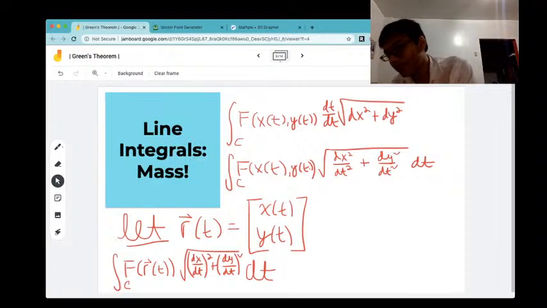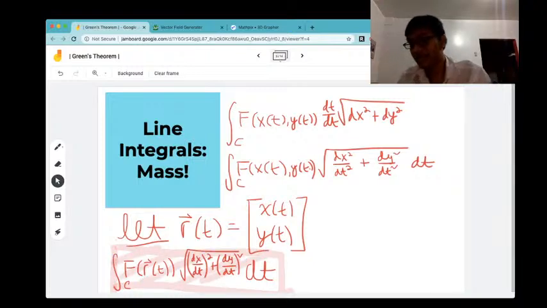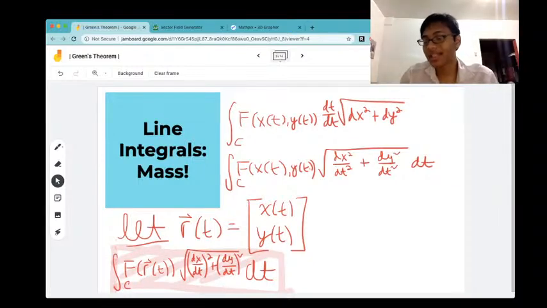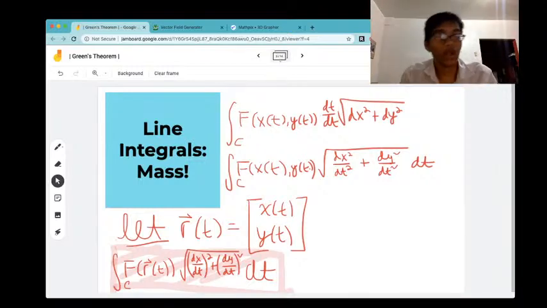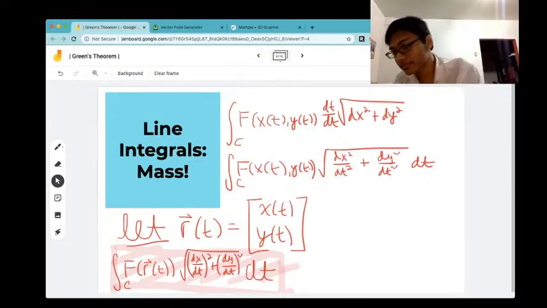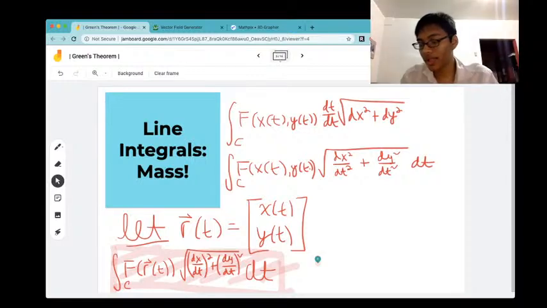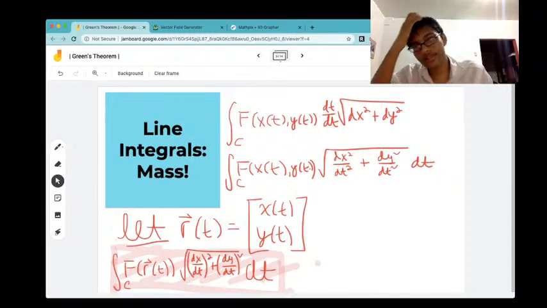But the moral of the story here was not to give you a full-blown explanation of the line integral, but really to give you a sense of how you can get the line integral from the concept of mass and from the concept of work, right? So, what should you take away from this? What's the moral of the story?